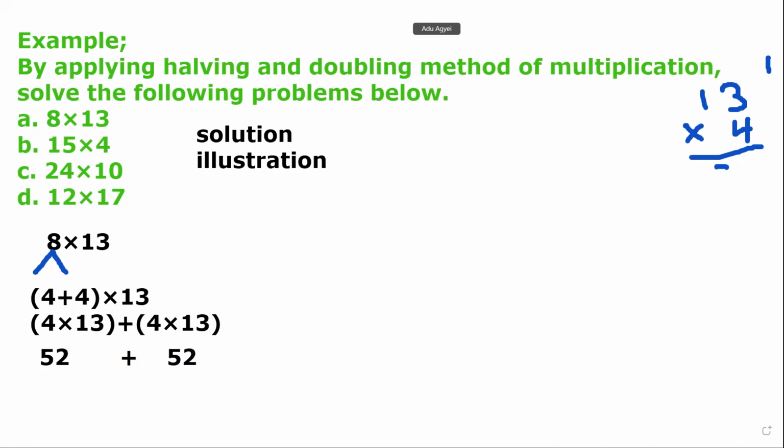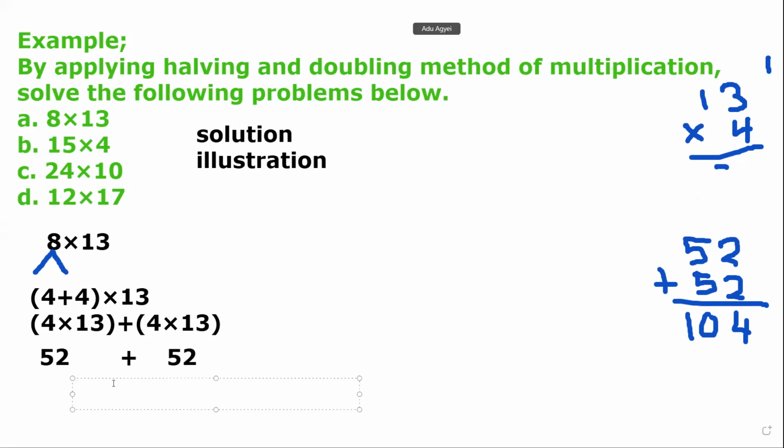Now let me add the 52 plus 52 here. Okay, we have the 52 plus 52. Then 2 plus 2 will give you 4, and then here will be 10. Okay, so 104. So therefore, our final answer here will be 104. Okay, good.